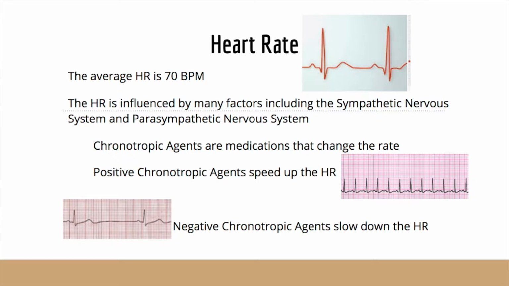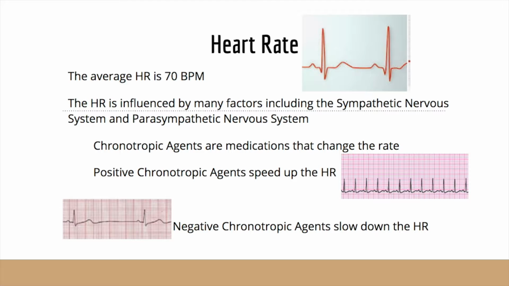Like I said before, the cardiac output is the heart rate times the stroke volume. The average heart rate is about 70 beats per minute. The heart rate is influenced by many factors, some including the sympathetic nervous system and the parasympathetic nervous system.